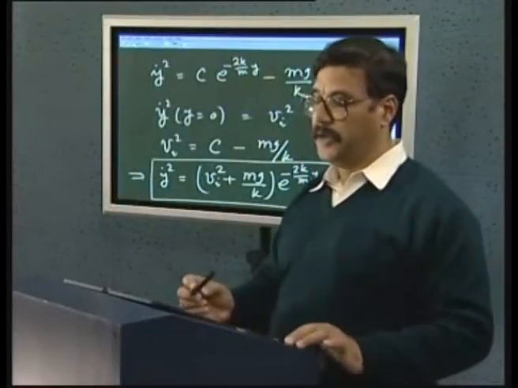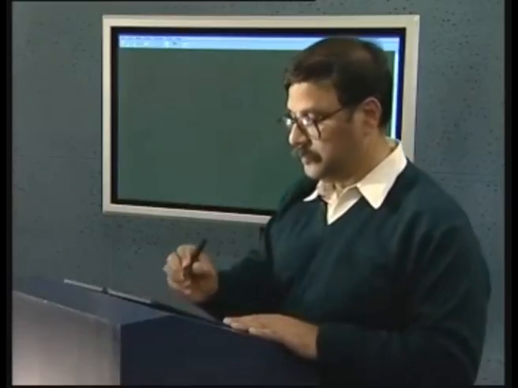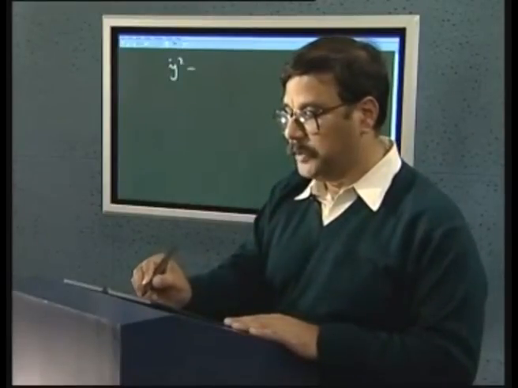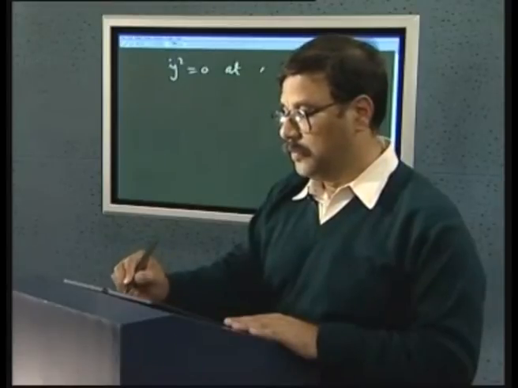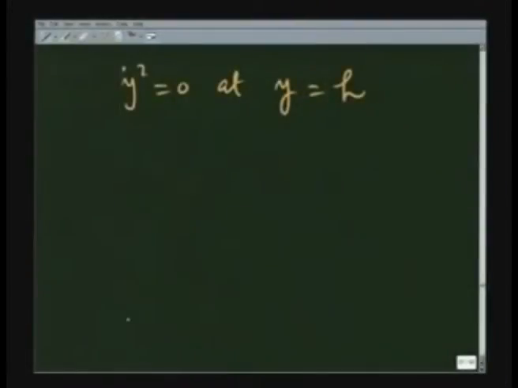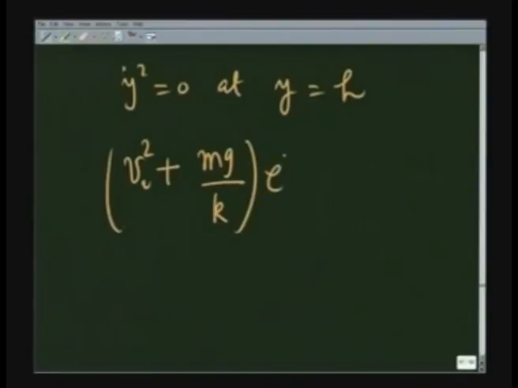To find how high the particle went, I take y dot square to be 0 at y equal to h. Therefore I get v initial square plus mg over k, times e raised to minus 2k over m h, equals mg over k.